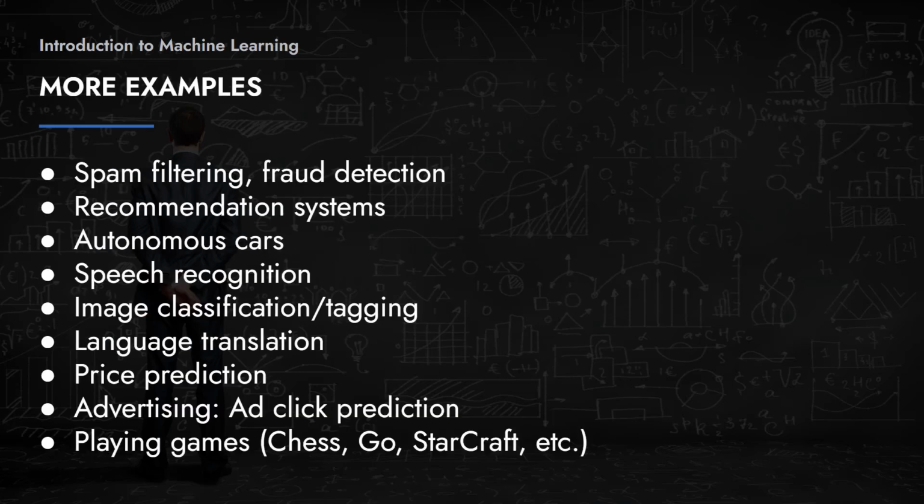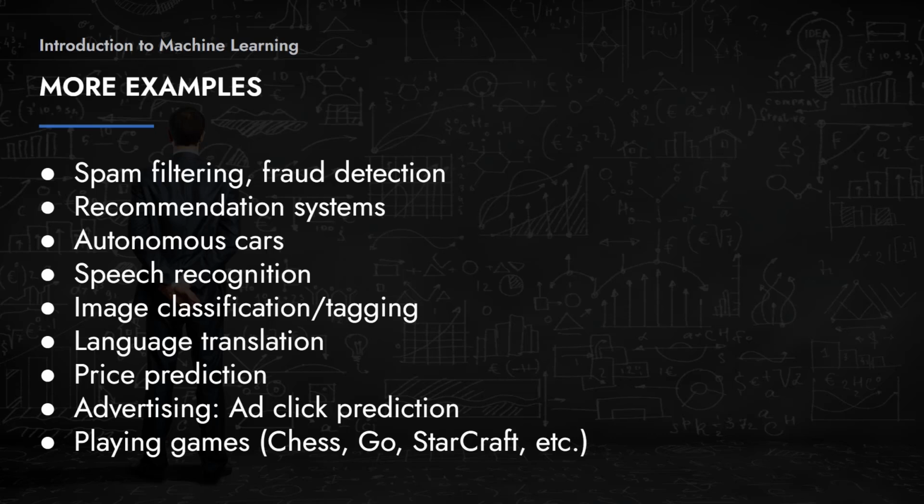Some more examples like spam filtering, fraud detection. So being able to detect fraud, being able to detect spam from amongst all your emails, recommendation systems like the Netflix recommendation system, where they can recommend for you a movie you might like based on your past viewing history and that kind of stuff. Autonomous cars, as we all know, speech recognition, image classification, tagging, we've discussed, language translation, price prediction, advertising, playing games.